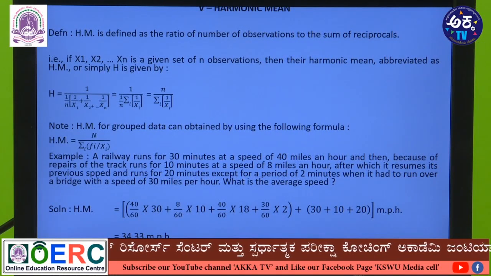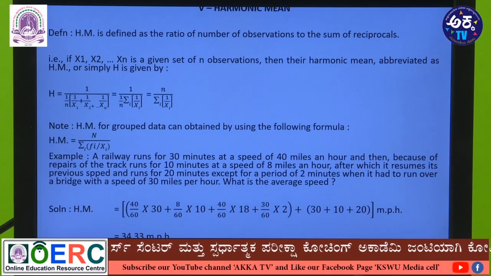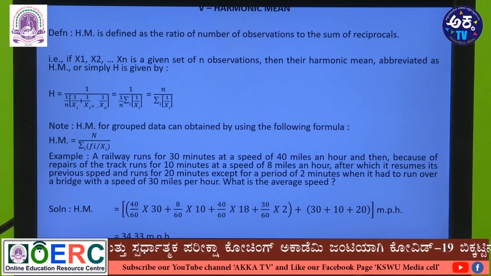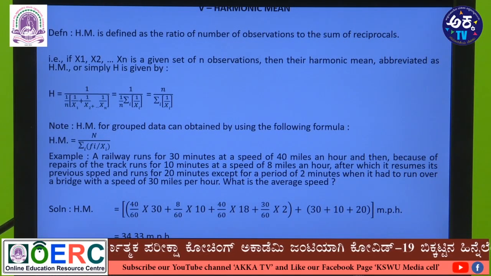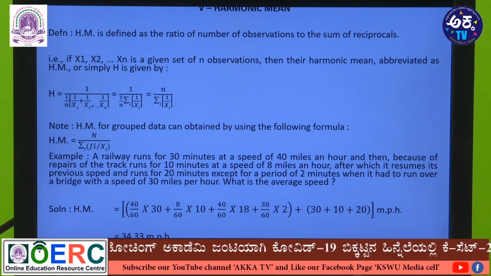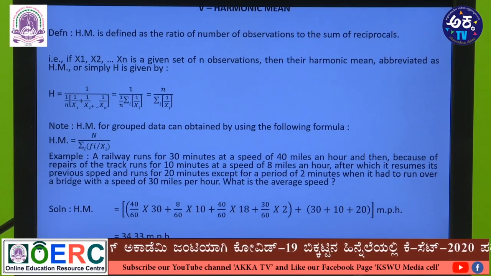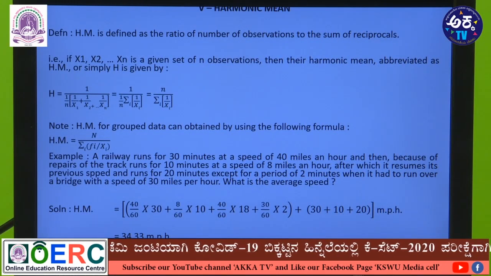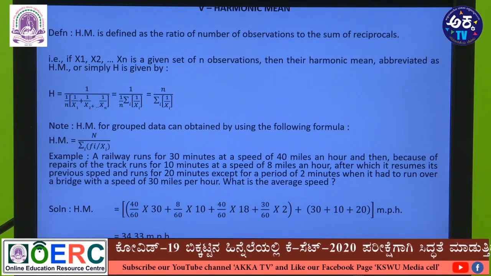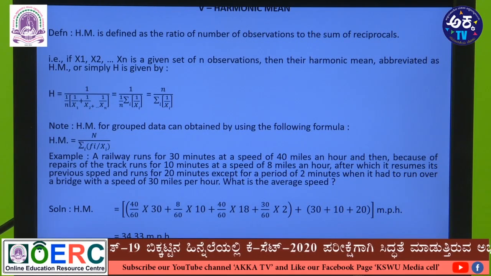Friends, here the data given is related to the speed of a train in different situations with different speeds and different time periods, and therefore, the suitable formula here is harmonic mean is equal to 40 divided by 60 into 30. Here 30 is the time taken, and 40 miles. What is this 40 miles?